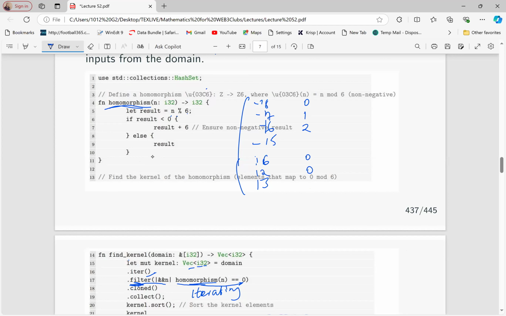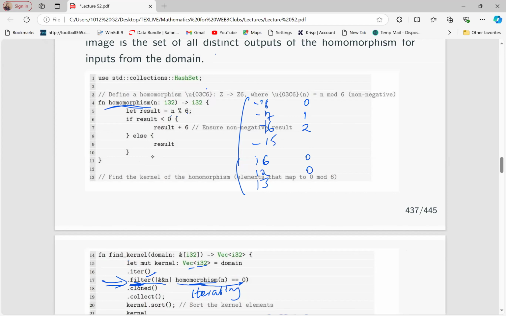So let's come back to filter here. Filter n where the homomorphism of n is 0. Filter n such that the homomorphism of n is 0. So in other words, just come back here and check the ones which gave us 0. That's what I mean by filtering.